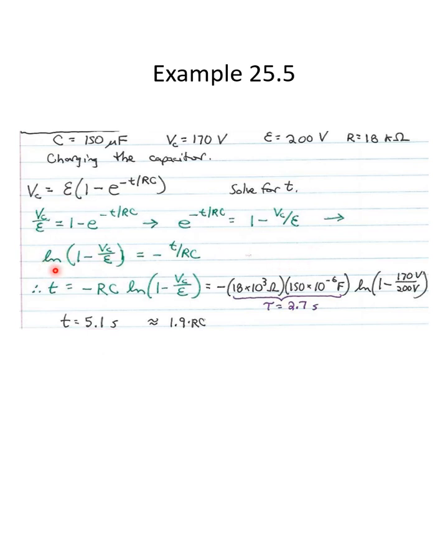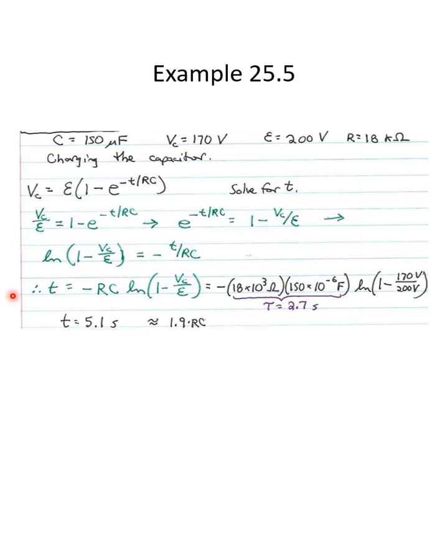So the natural log of 1 minus VC over EMF is negative t over RC. Finally, we'll multiply both sides by negative RC. So in the end, we get time for the charging of a capacitor in an RC circuit is negative RC times the natural log of 1 minus VC over E.